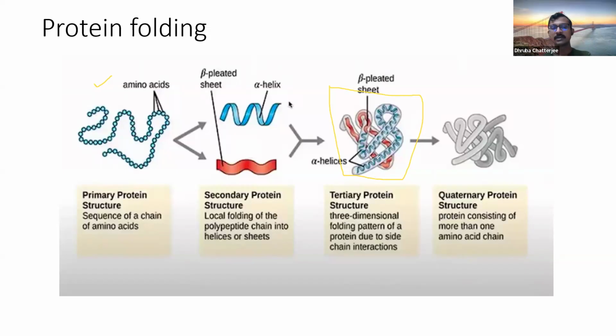Can come together to form even higher assemblies, which are called the quaternary protein structures, where two, three, or more, the number depends from protein to protein, different protein subunits can come together to form a higher assembly. An example being hemoglobin itself, which consists of 4 subunits. Right.